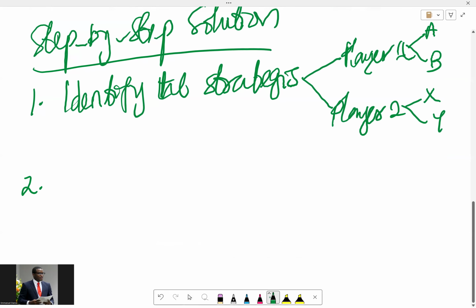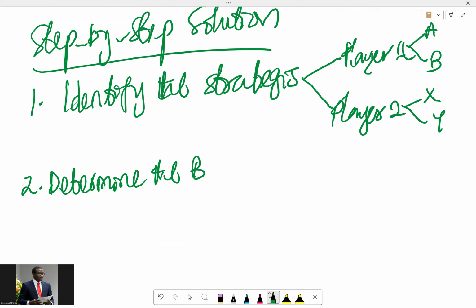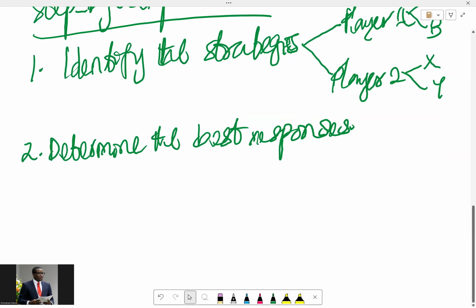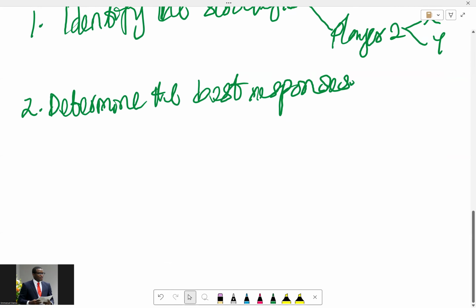Then secondly, you determine the best responses. We've done that a couple of times, and we're going to do that again. The idea is whatever one player is playing, what are the best responses for the other player, basically.